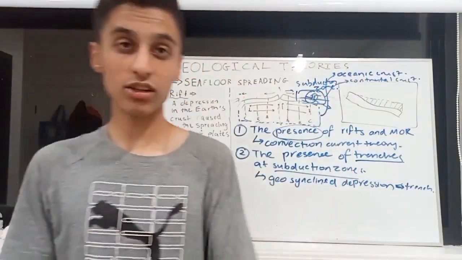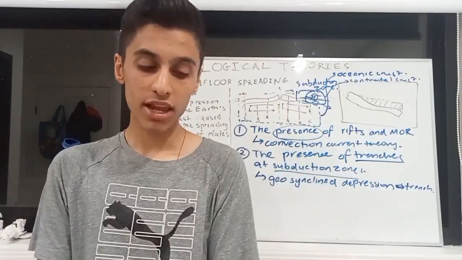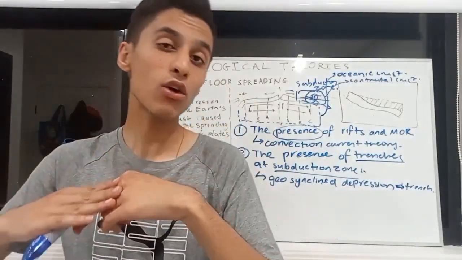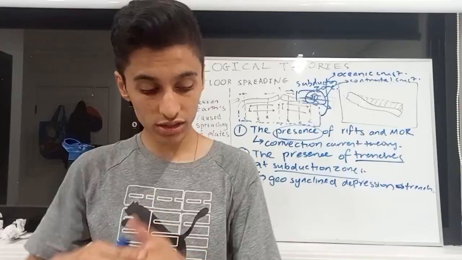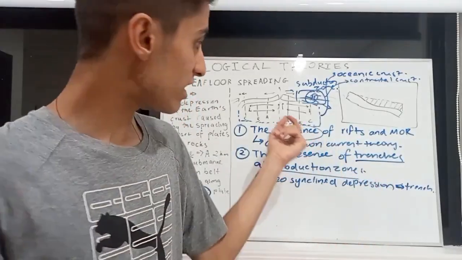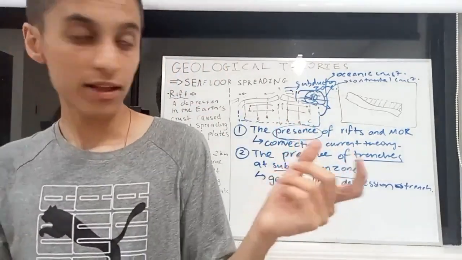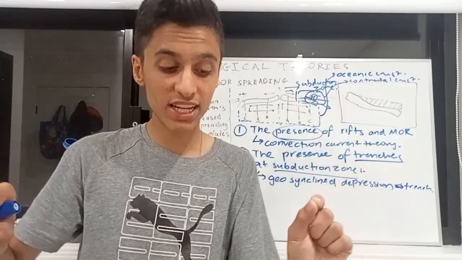Now, the existence of a subduction zone, and hence the trench, is only possible if one plate is going under the other. The oceanic crust can only go under the continental crust if we know for a fact that it's getting pushed away from the mid-oceanic ridge, and hence new seafloor is being created.